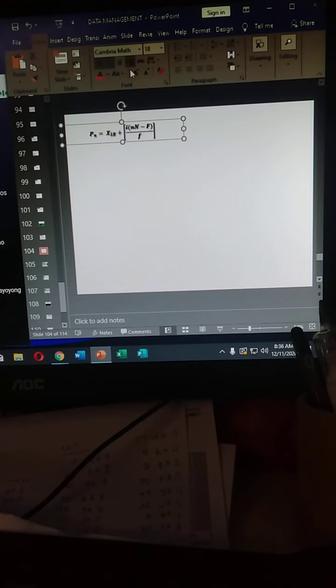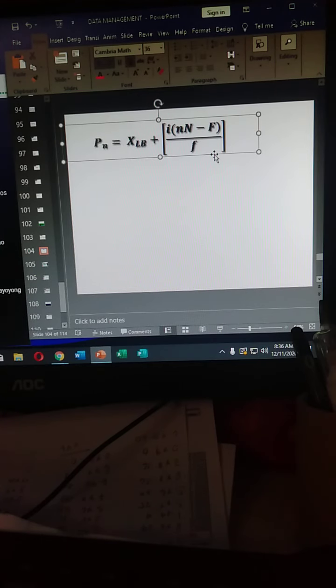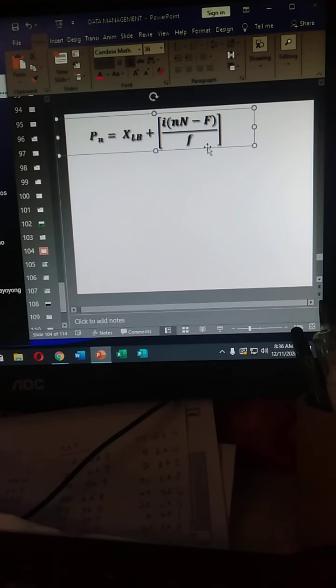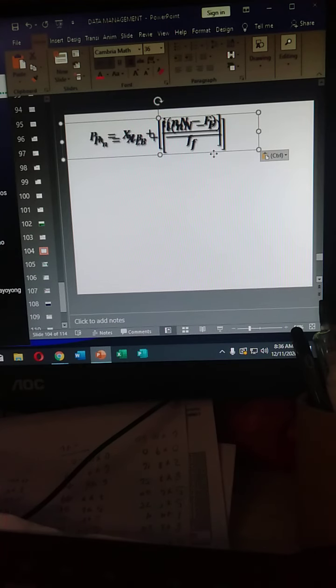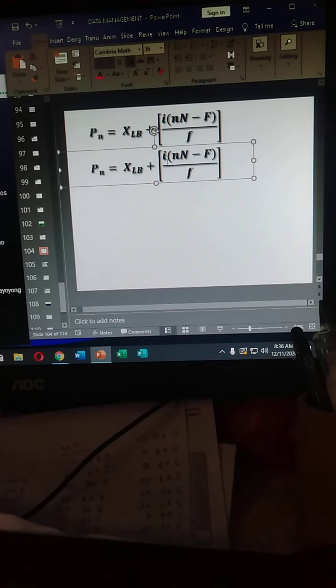This is our formula. Okay, so we are looking for P72. P72 ang hinahanap natin.